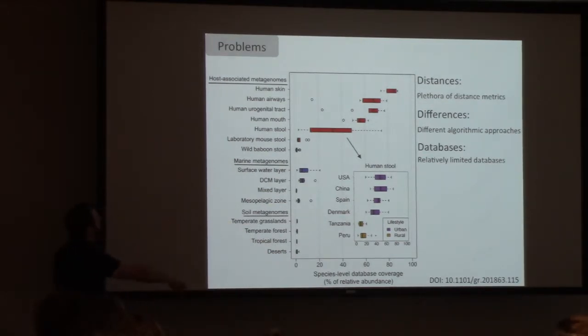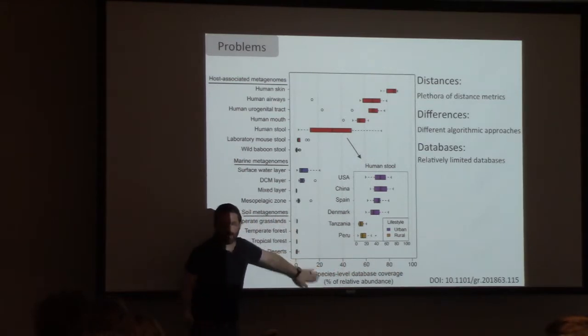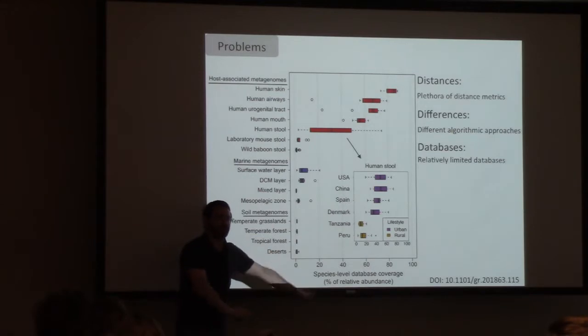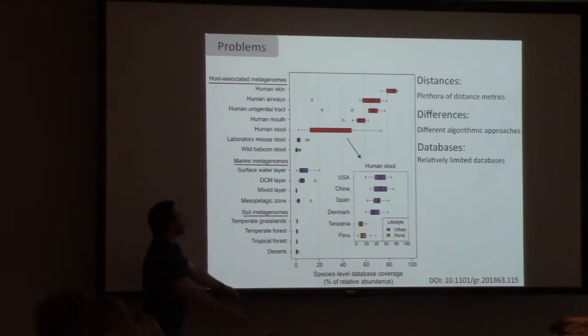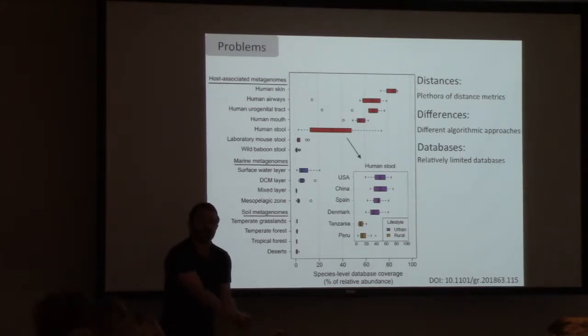What this plot shows, on the y-coordinate, are different samples or different locations of metagenomic samples. And over here is basically what percentage of the database that they were using explained the data that they had on hand. So for example, for human skin, more than 80% of that sample was explained by the database that they were using.